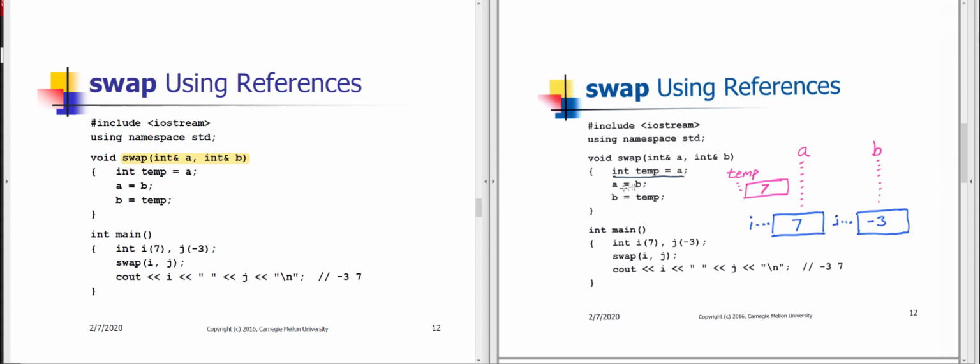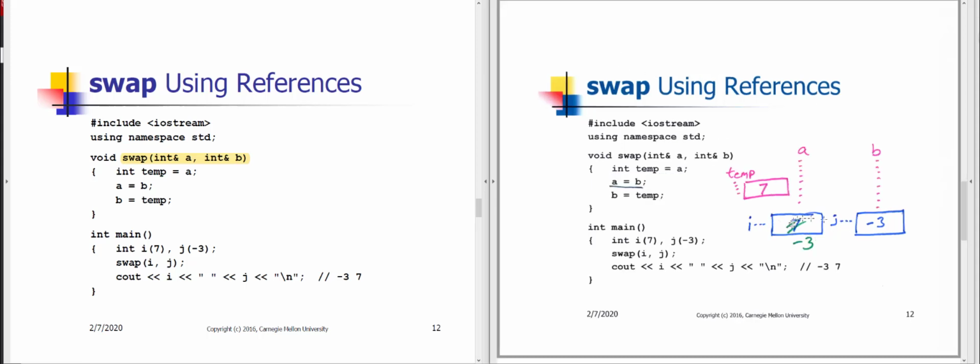When I say A gets B, that simply takes the value that B refers to, which is -3, and stores that into the object that A refers to. All right, so the -3, the value of B, gets assigned into the object that A refers to, which is main's variable I.